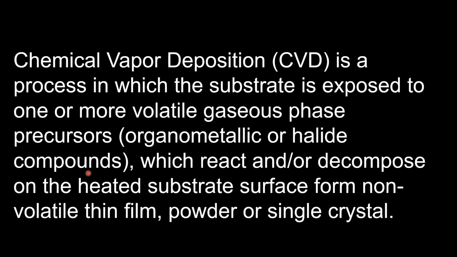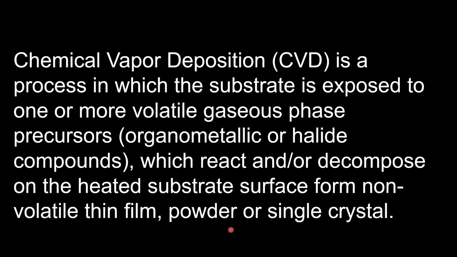These volatile organometallic compounds or halide precursors, when they reach the surface of the substrate, interact chemically with each other due to heat, and due to this interaction on the surface of the substrate, the precursor material gets decomposed, and at the end they form a non-volatile thin film or powder or single crystal.